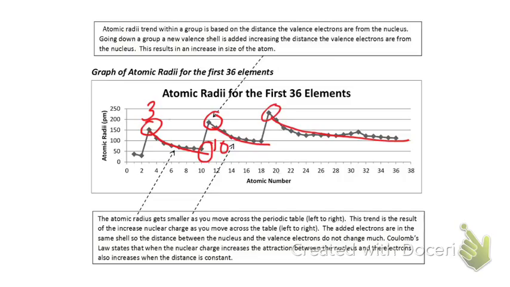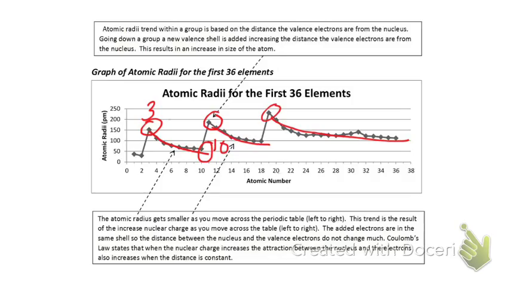The easiest way to understand it is that the radius is getting smaller because the magnitude of charge in the nucleus is getting larger. Therefore, the force between the nucleus and the valence electrons is getting stronger, creating a very strong pull on the valence shell, and the atom begins to shrink.